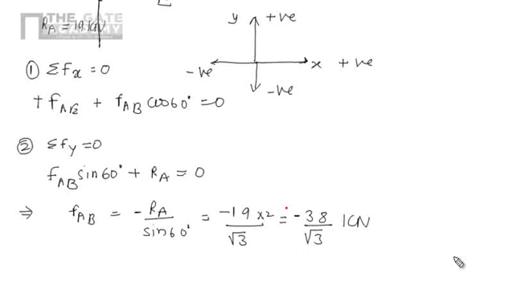We will solve the equation on the basis of mathematical formulas. Suppose the value of FAB is minus 38 by root 3, then for substituting in the further equation we have to put in the magnitude as well as the sign.